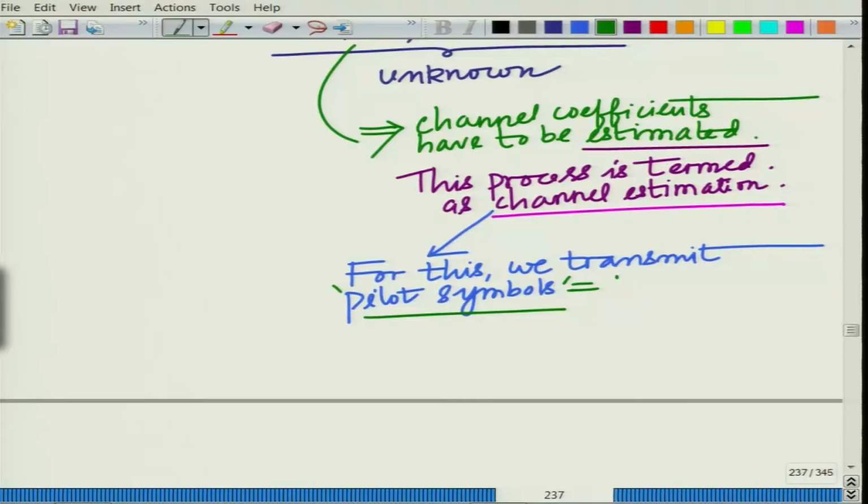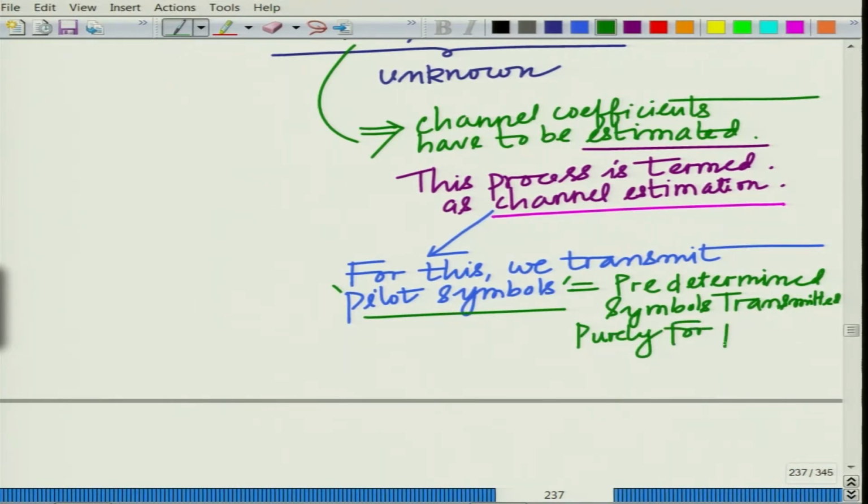So, these are the pilot symbols, transmitted purely for the purposes of channel estimation.